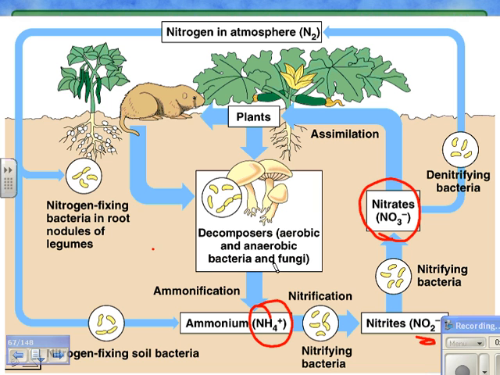The ammonia got into the soil when plants or animals die, and decomposers break it down, or when these nitrogen-fixing bacteria take atmospheric nitrogen and change that atmospheric nitrogen into ammonia. And then the very last part of the cycle is when denitrifying bacteria will take nitrates and change them back into this form that no one can really use except these folks.